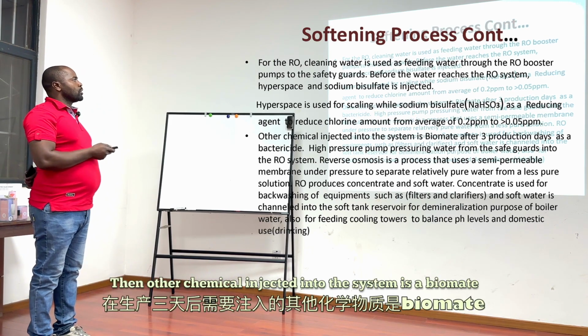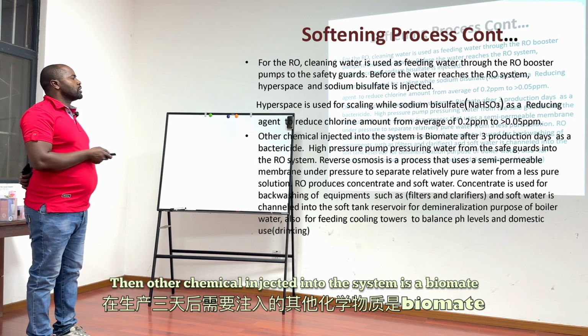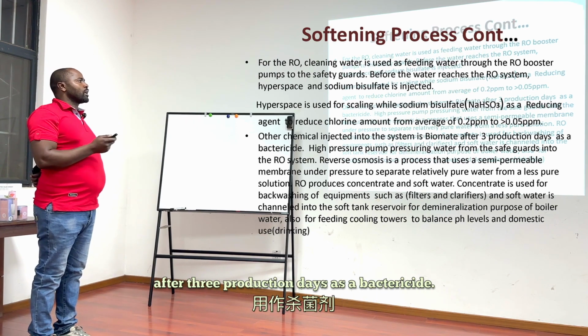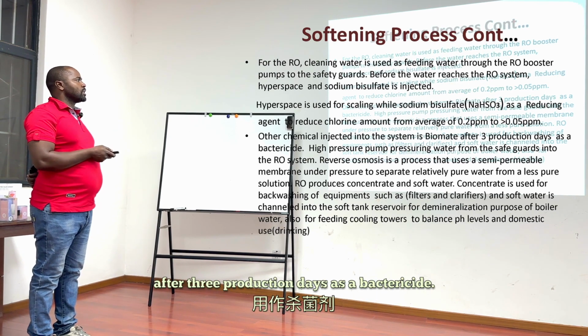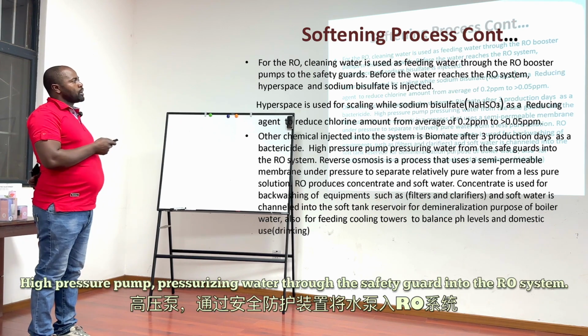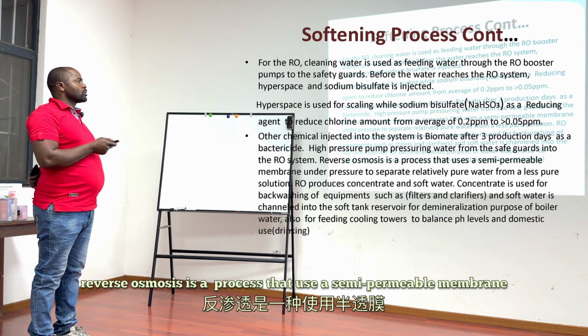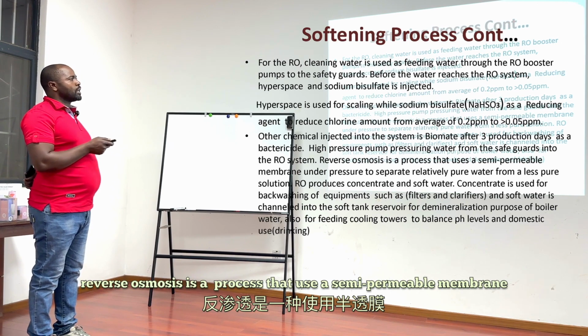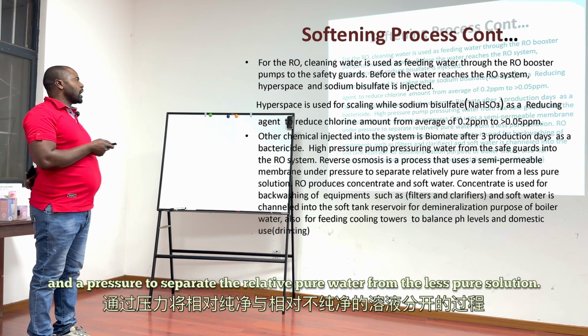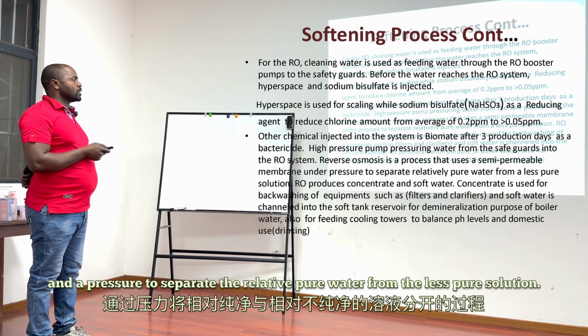Another chemical injected into the system is biocide, after 3 production days, as a bactericide. The high pressure pump pressurizes water through the safety guard into the RO system. Reverse osmosis is a process that uses a semi-permeable membrane under pressure to separate relatively pure water from the less pure solution.